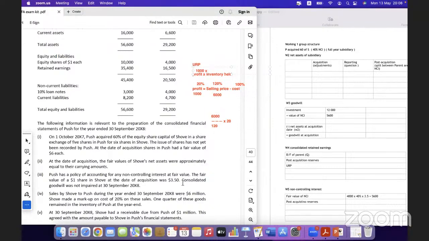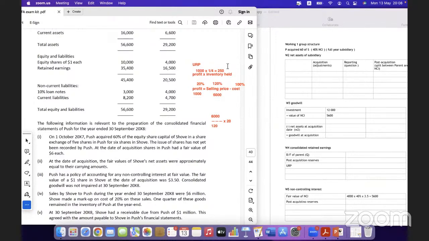Now check the inventory held. 1/4 remained in the inventory. So 1/4 is held, then the answer will become none other than 250. So this is the URP value. If you have difficulties in the calculation part, please do let me know. But I'll teach you the double entry because it's different.